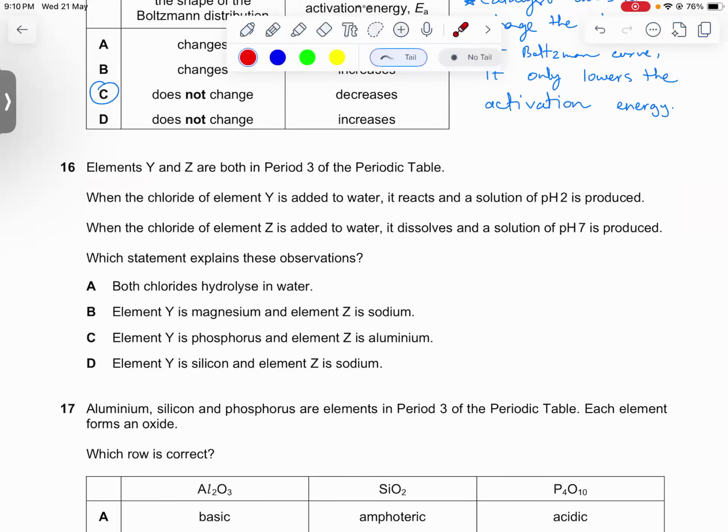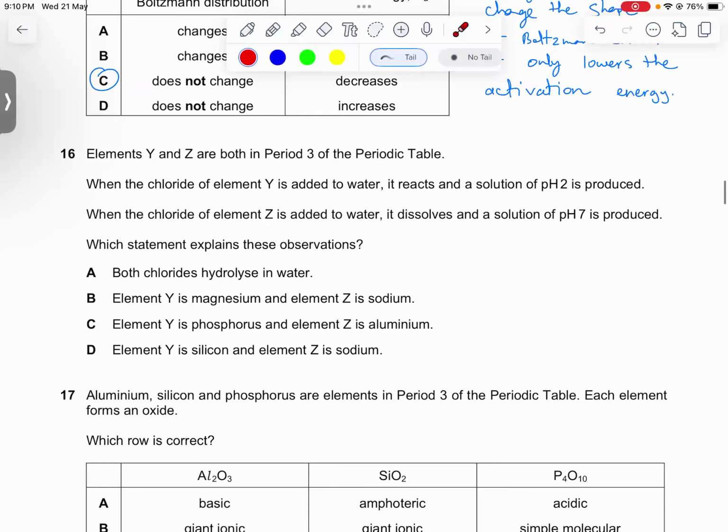Elements Y and Z are both in period 3 of the periodic table. When the chloride of element Y is added to water, it reacts and a solution of pH 2 is produced. All right. So Y has an acidic chloride, meaning Y is neither NaCl nor MgCl2. Next, when chloride of element Z is added to water, it dissolves and a solution of pH 7 is produced.